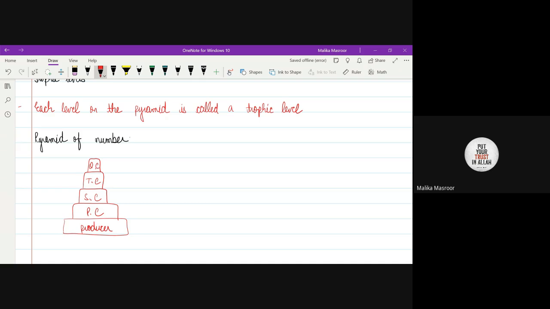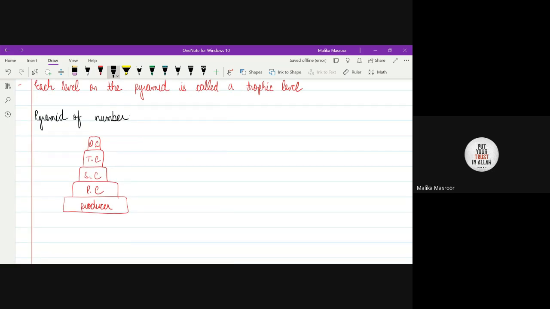The reason for this shape is because less energy is available as we go up the trophic level, so there are few organisms at each level. Now, if I talk about the pyramid of biomass, obviously grass will have very little mass.